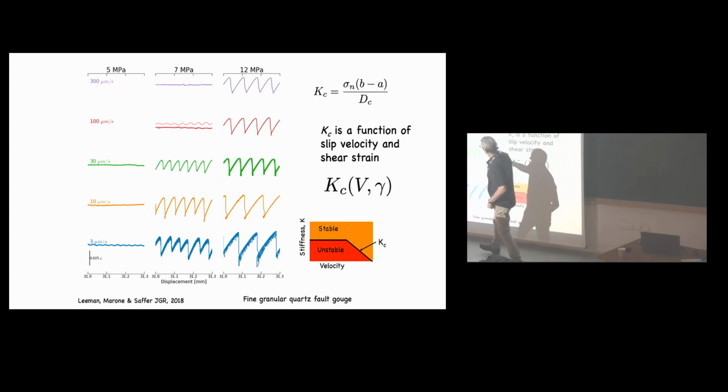And what you can see is at 3 different normal stresses, you have a range of different behaviors. At 5 MPa, at a low normal stress, it is basically always stable. I showed you that even at the beginning. At 7 MPa, you see a transition. As you go to faster velocities, it becomes more stable. And at 12 MPa, it's mostly unstable.